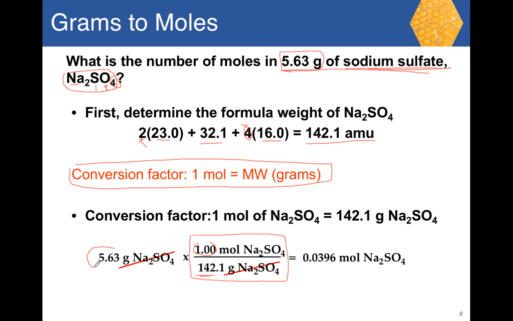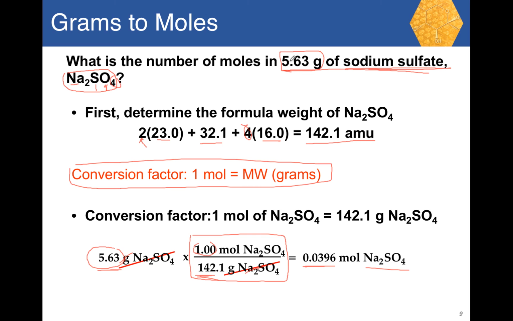And we have 5.63 grams. So we set that up so that the grams cancel grams, and we multiply 1 by that and divide it by 142, and we end up with 0.0396 moles of sodium sulfate.